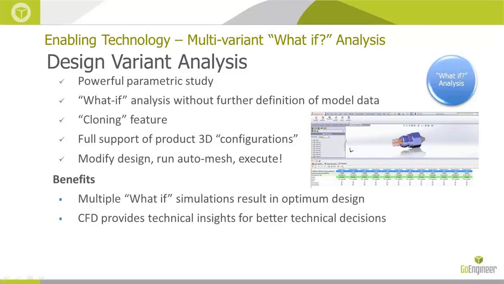We don't have to create it each time. This is using 3D configurations from SOLIDWORKS. This is great, and in 2014 you could selectively choose which scenarios you want to create a configuration from so that your file is not flooded with 100 different scenarios.